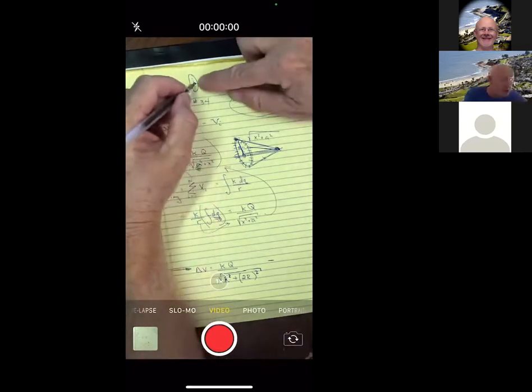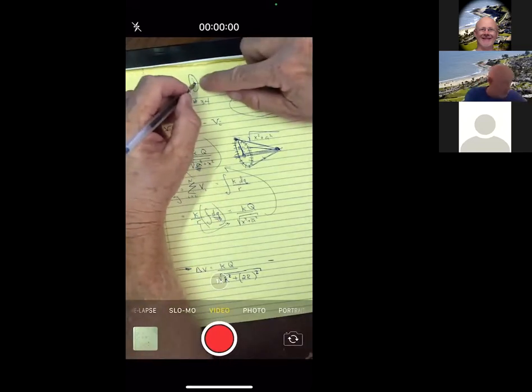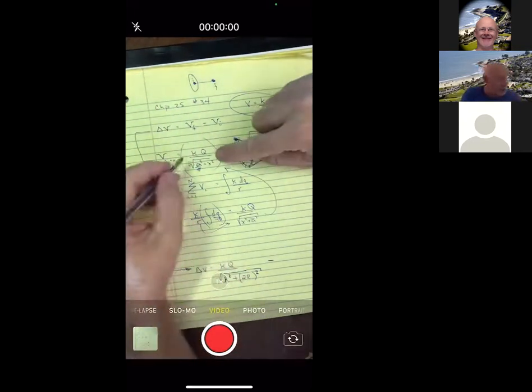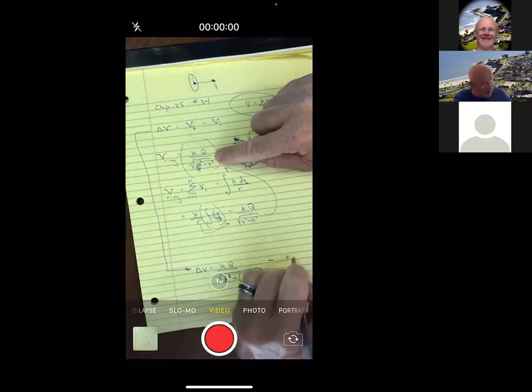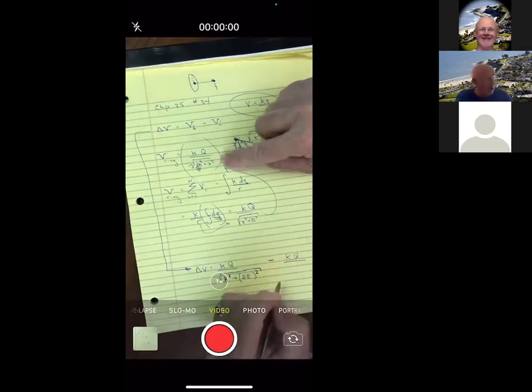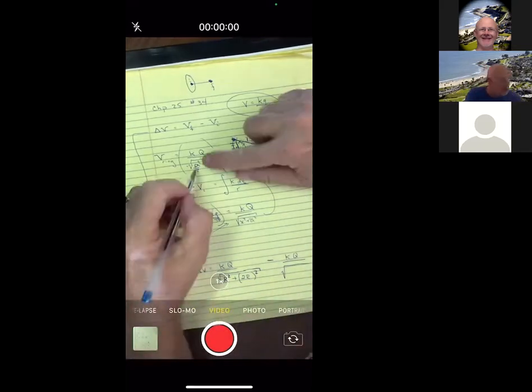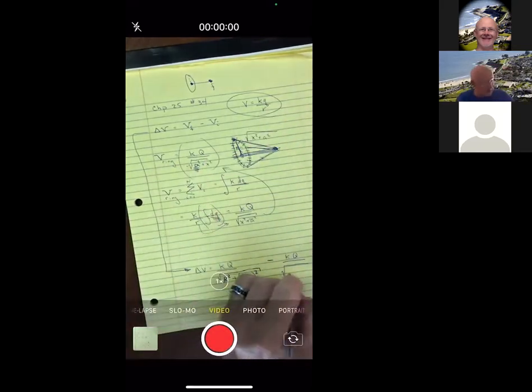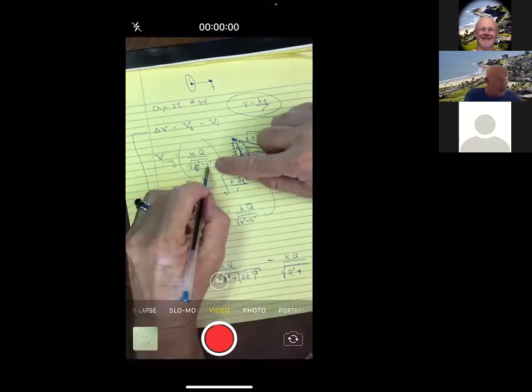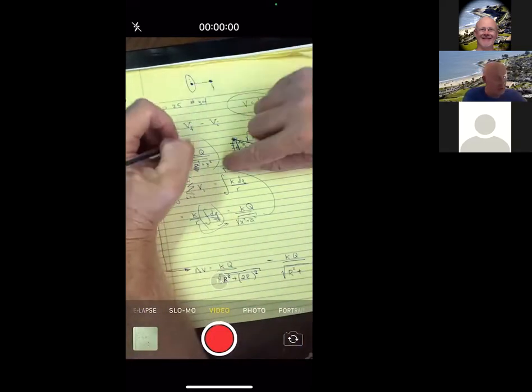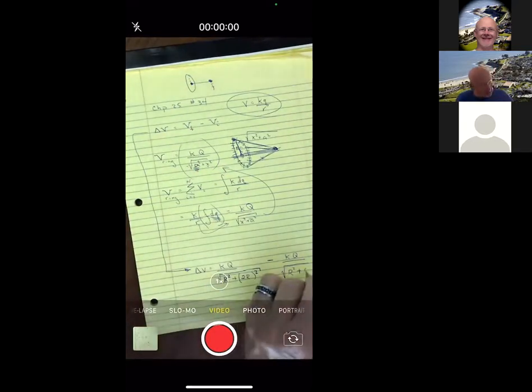Now, initial would be at the center of the ring. And at the center of the ring, x would be 0. So using this formula, this would be kq over the square root of, and I'll say it again, a is the radius of the ring, so that'd be r squared, plus this x, and so initial, this would be the center of the ring, so that'd be a 0 squared.